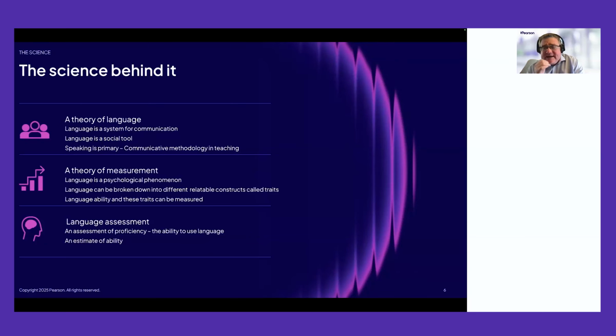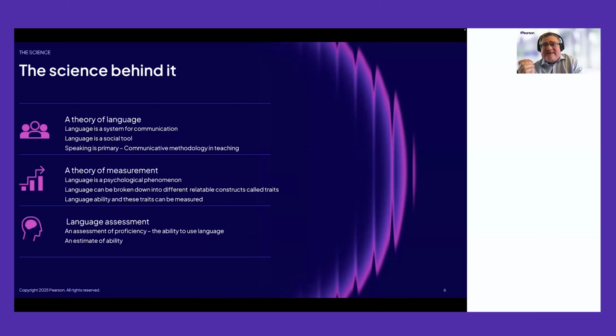So underpinning most people's idea of language is that it's a system for communication. And it's not just a function of the brain. We're going to come on to that in a minute, but also obviously it has a social purpose. And that is also quite critical to the way that we understand language and the way that we test language.